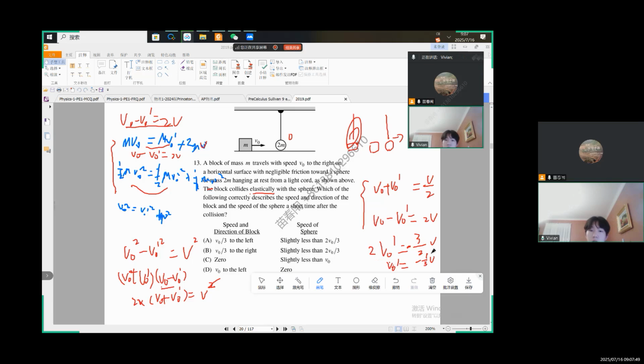Okay. Yeah, so now I can just use all the V in there. V0 minus V0 prime, negative 1 over 3V plus 2V, right? And then V0 is 5 over 3V, right?